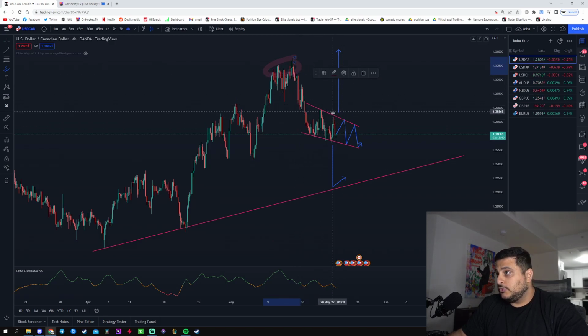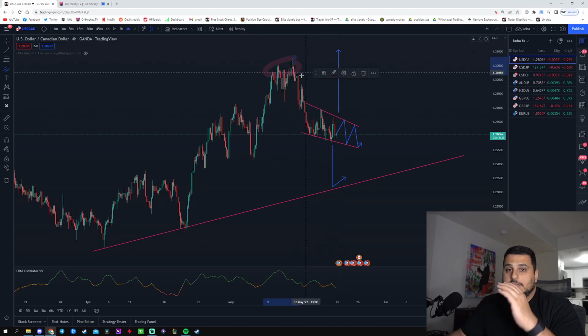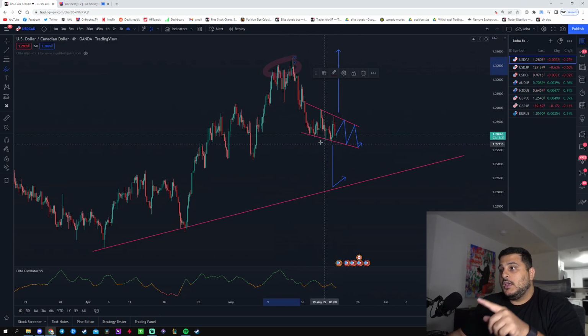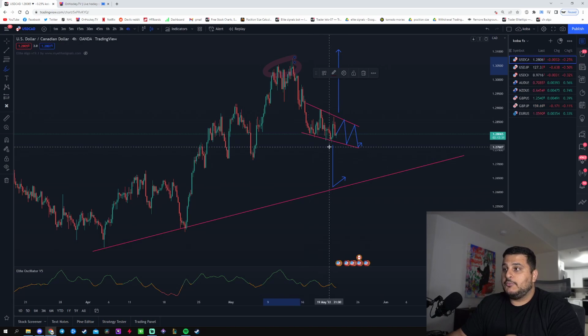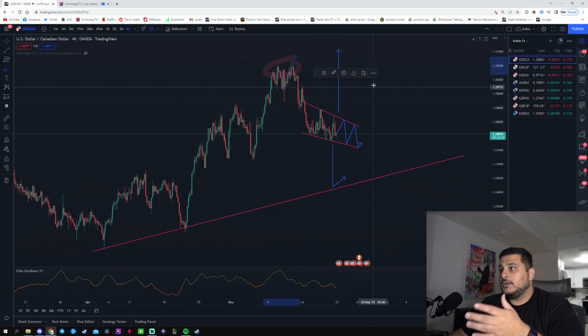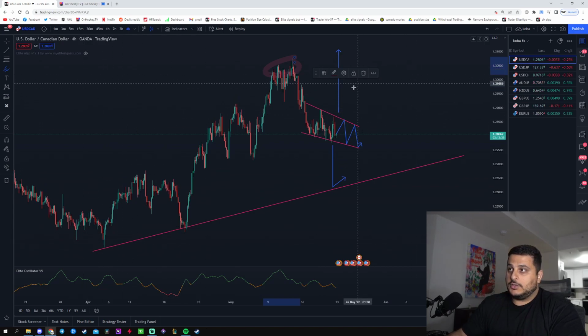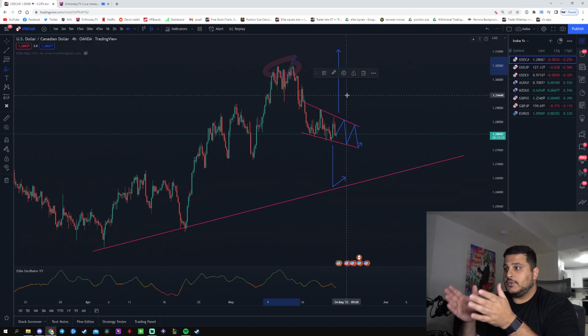So if they're able to break above this trend line, I'm assuming that's going to go up and make a new high. That's something you guys can look out for. But if it breaks underneath this trend line, then what's going to happen is it comes back down to this level right here, where then it might bounce back up and continue the channel that it's currently doing, right? So just look out for this setup right here and trade accordingly.